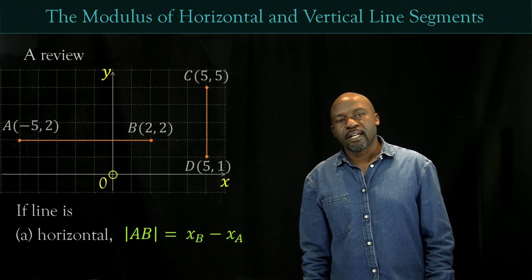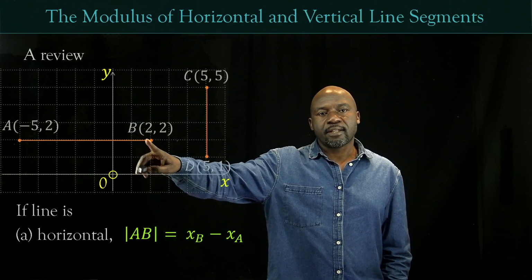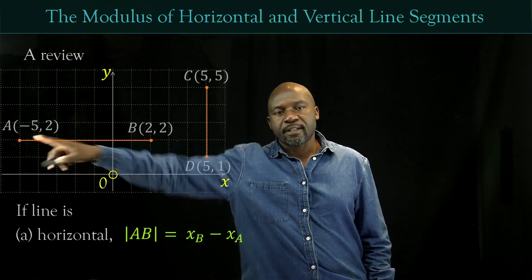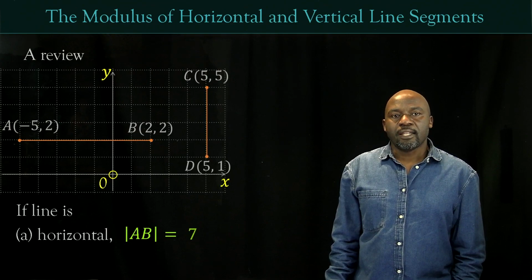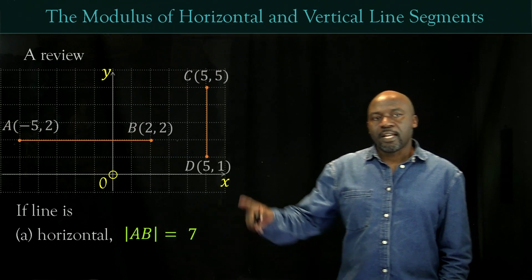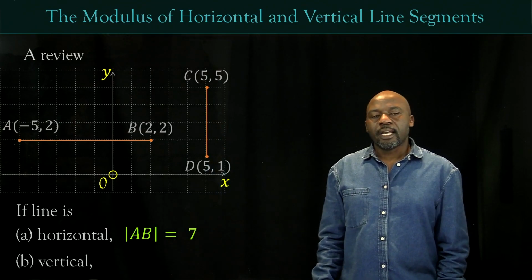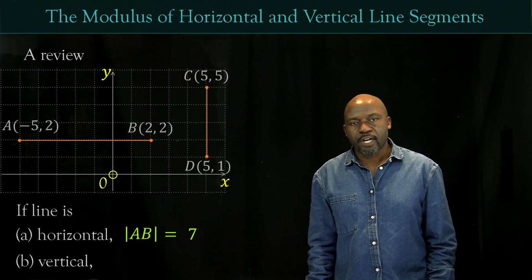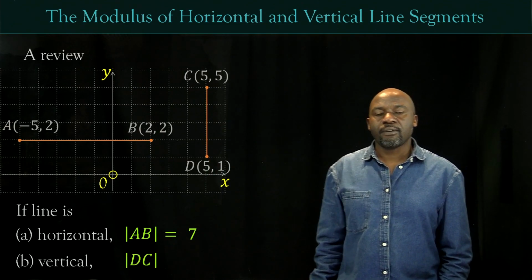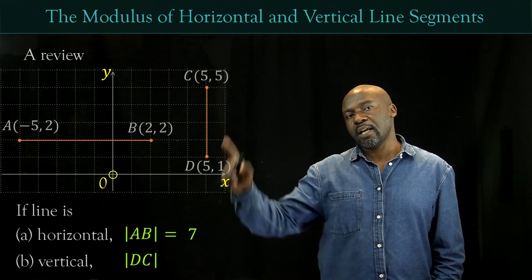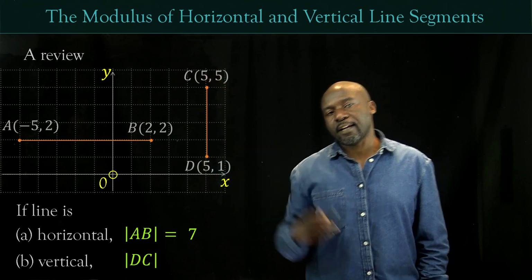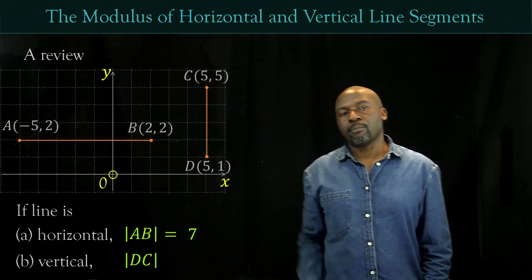2 minus negative 5. So the value of x at B minus the value of x at A, we've already talked about this, just a reminder, and that gave us 7. And if the line is vertical, now we are thinking of the y value. In this case, the length of line DC, notice I've said DC instead of CD because I'm thinking in that direction, so that must be the final point.